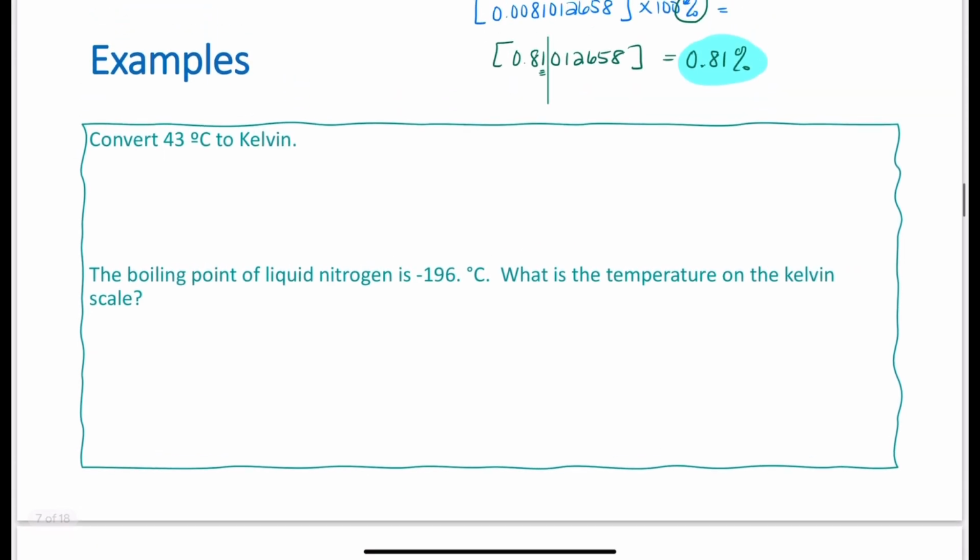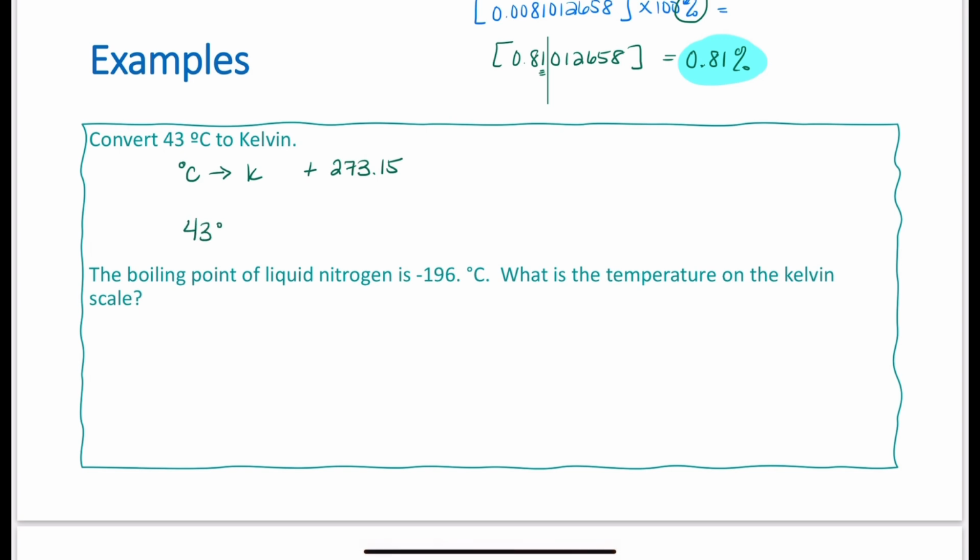And to finish it off, just 2 more calculations, looking at temperature conversions with sig figs. Convert 43 degrees Celsius to Kelvin. You guys do need to know the conversion between Celsius and Kelvin. Remember, the conversion from degree C to Kelvin is adding 273.15. If you're going from Kelvin to degree C, you're subtracting that value.